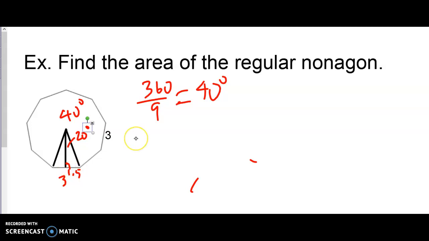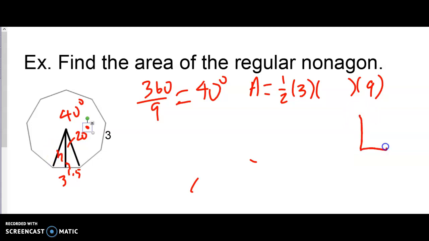I know then that I have the area of my nonagon will be 1/2 of the base, which is 3. I still don't know my height, but I know I have 9 triangles. So it's going to be 1/2 of 3 times the height times 9. And now I just have to find H. I'm going to draw my right triangle out to help me find H. This is 1.5.